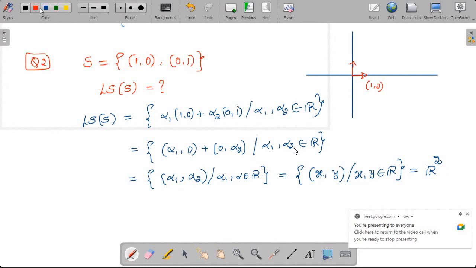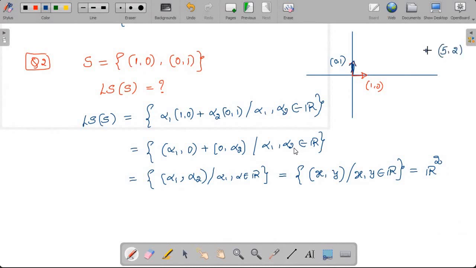Let me assume this is (1, 0) and the other one is (0, 1). Now let me take some element like (5, 2). How do you obtain (5, 2) from these two? Along the x-axis direction, walk 5 units, that is 5 times (1, 0). Next, after this walk, walk 2 units in the y-axis direction, that is plus 2 times (0, 1). So that is how you can end up with (5, 2).